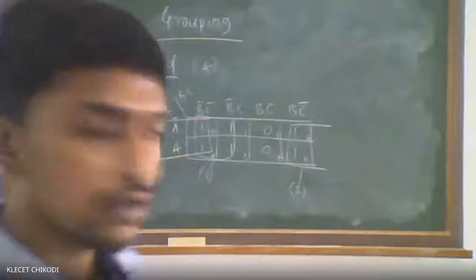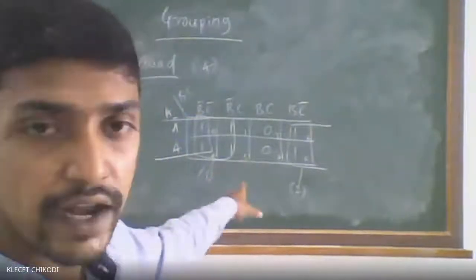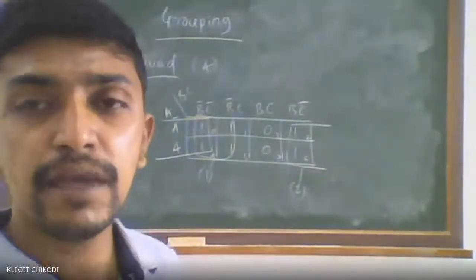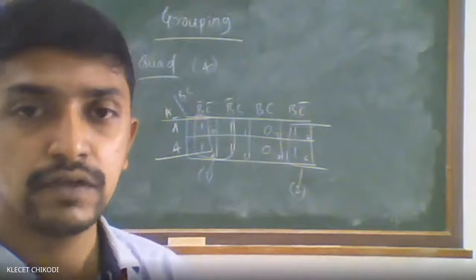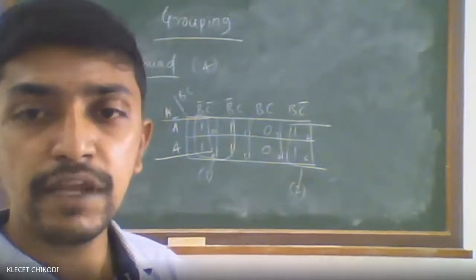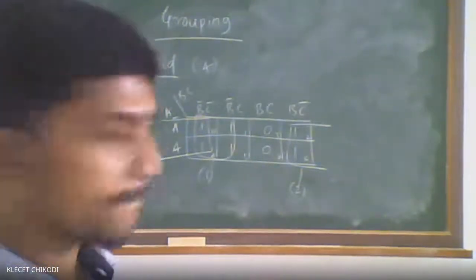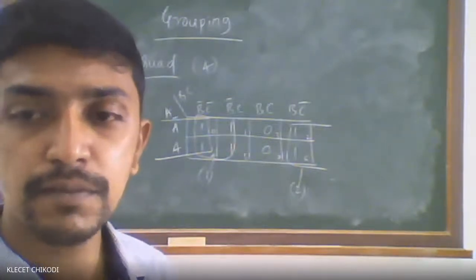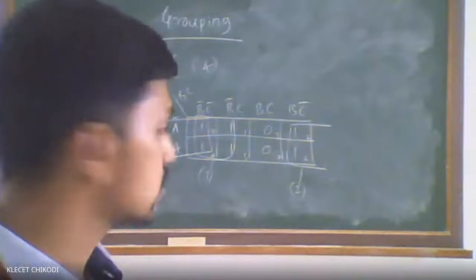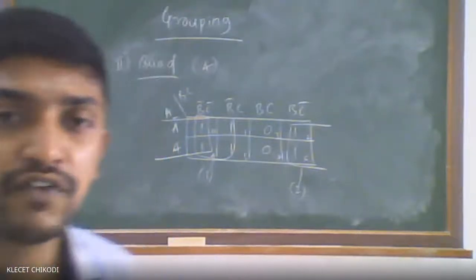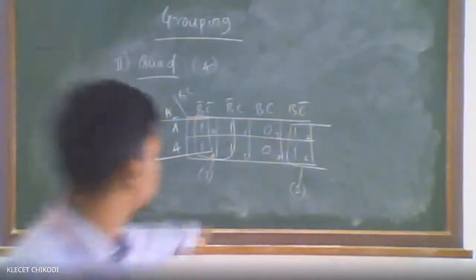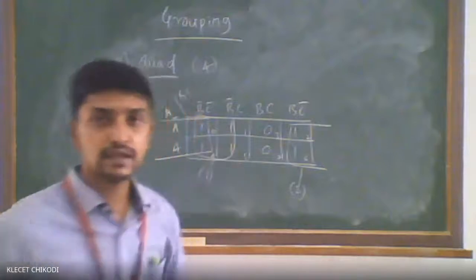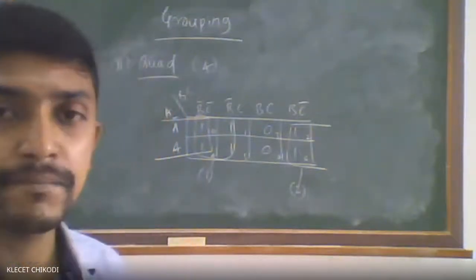Now what you do? You solve the expression for the quad and write the minimized Boolean expression. Let me know the minimized Boolean expression for this one. So for the first quad, what is the term you will get?